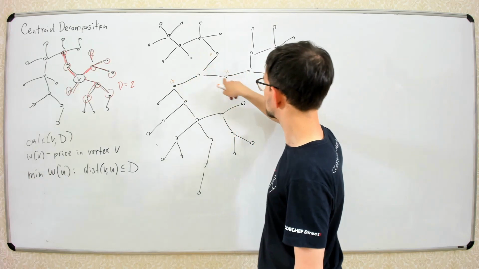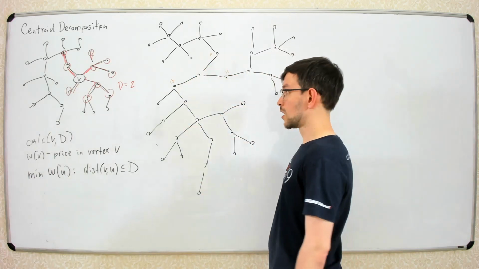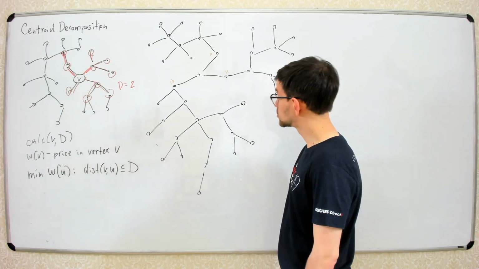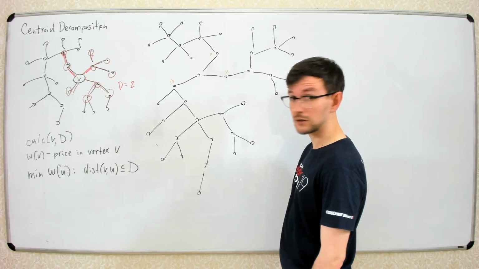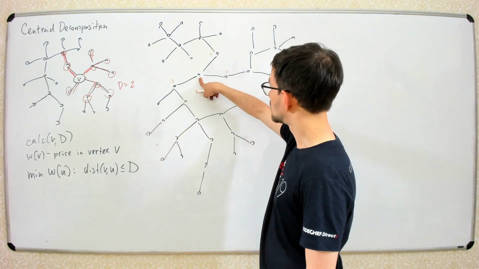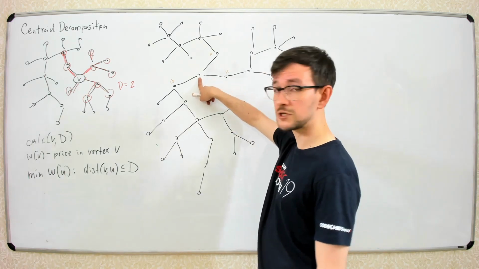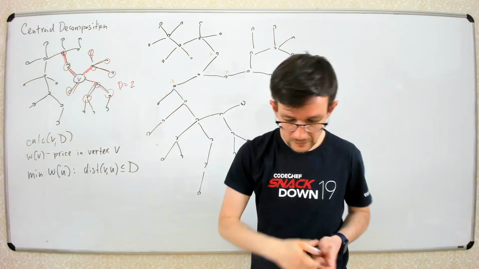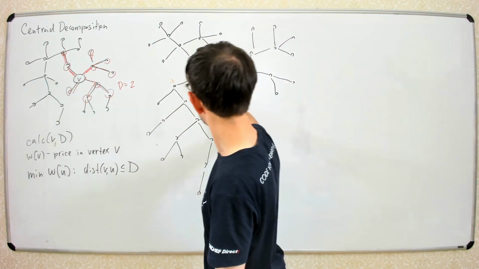So the total number is 12 plus 17 plus the centroid itself, so it's 40. 40 divided by 2 is 20. So this is the centroid. Nice. This node is the centroid of my tree.